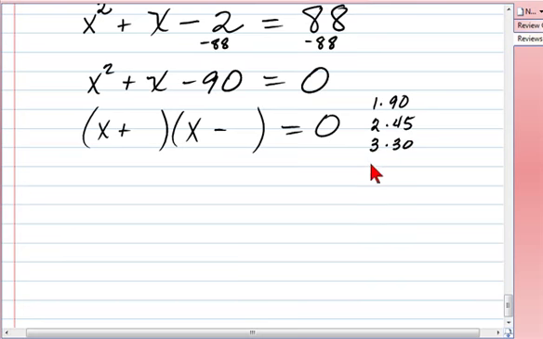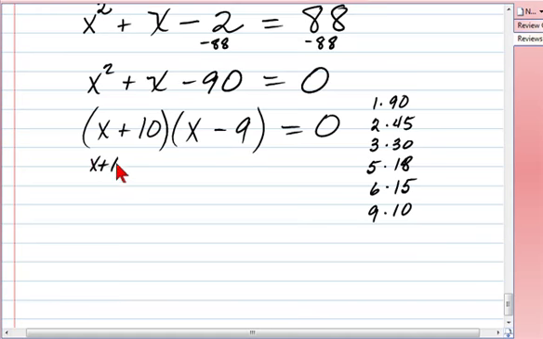Nope. 4 doesn't go into it. 5 goes in there how many times? 18 times. 6 goes in there 15 times. I'm about to get to it. And 9 goes in there 10 times. But a lot of people just come up with it. But if you didn't, you have to figure out all the combinations. So I'll put my 10 and my 9.